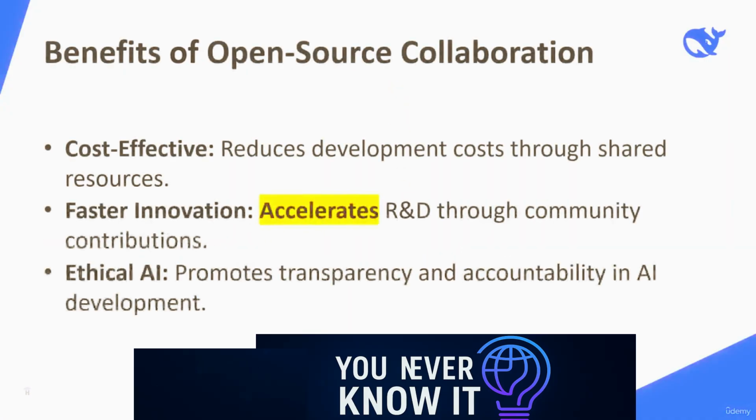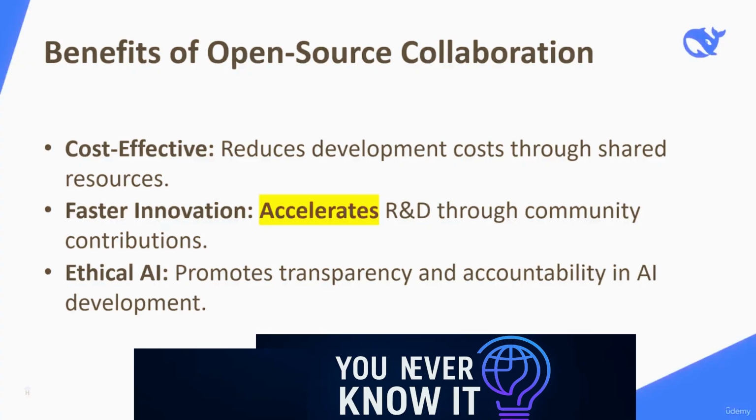The benefits of open source collaboration: cost effectiveness, which reduces development cost through shared resources, and faster innovation, which accelerates R&D, research and development, through community contributions. You may get solutions from across the globe and share different ideas.